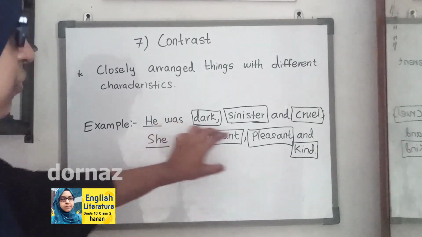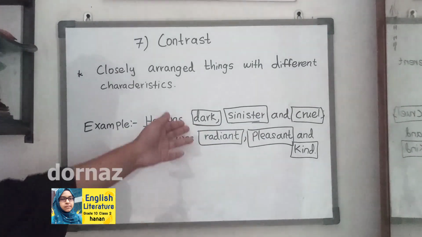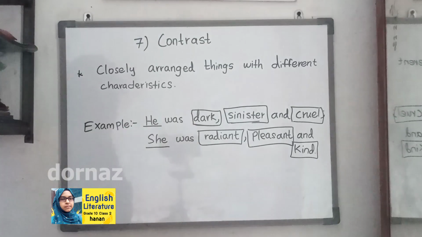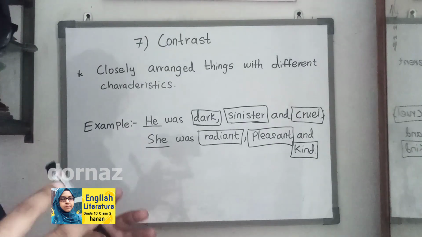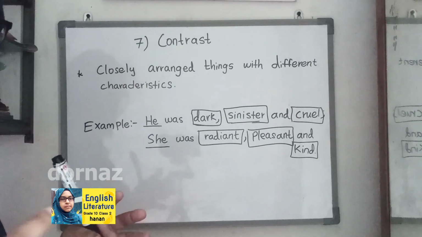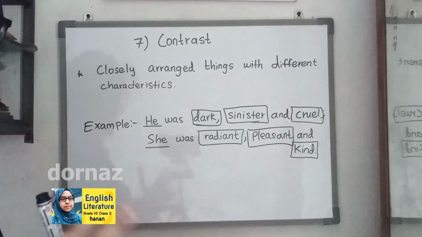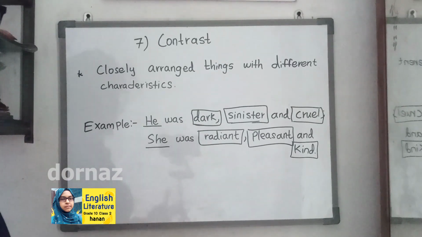In the next line, the positive qualities are said. So these two qualities are different. It is called contrast. Two things are close together, and two things are talking about two different things, not the same thing. That is why we call it contrast.